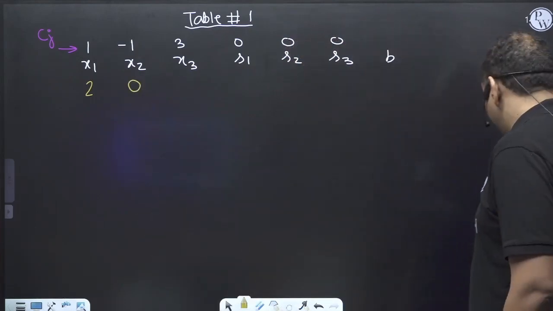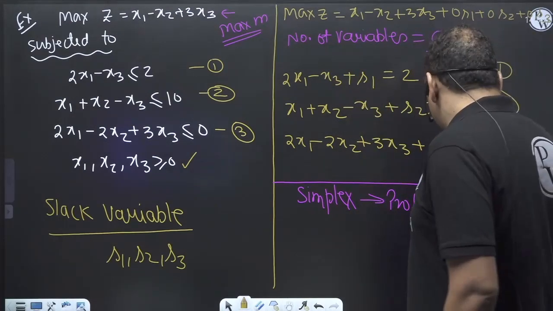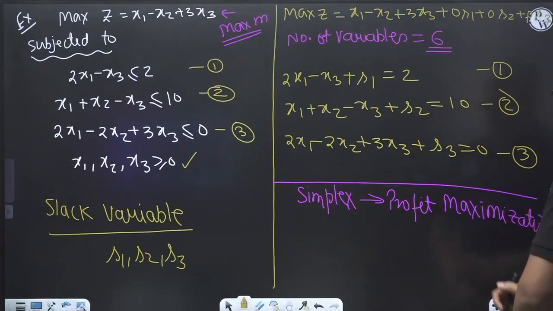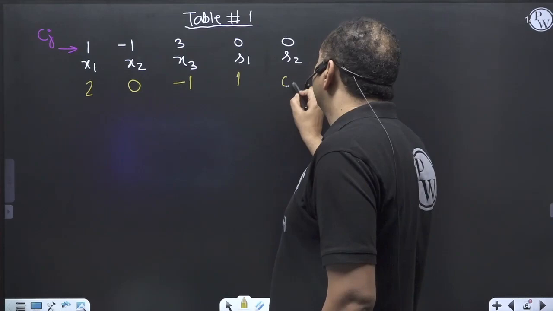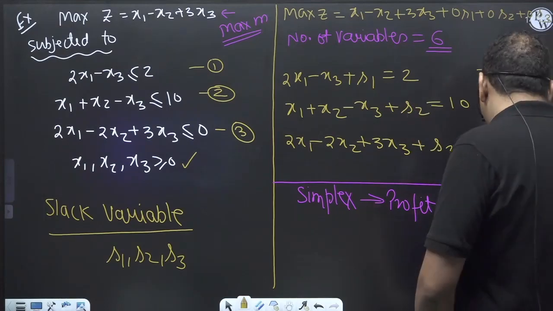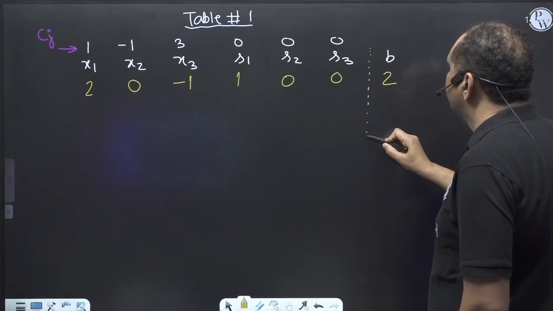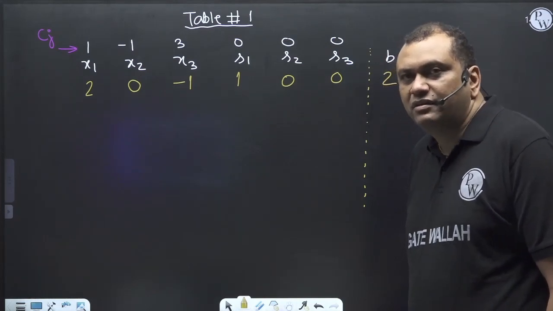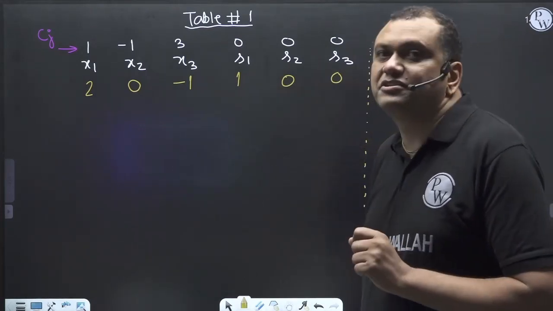Correct? Understanding? Now the x3 coefficient is -1. The s1 coefficient is 1. There is no s2, s3, and the right hand side is 2. So I have written the information of the first constraint.